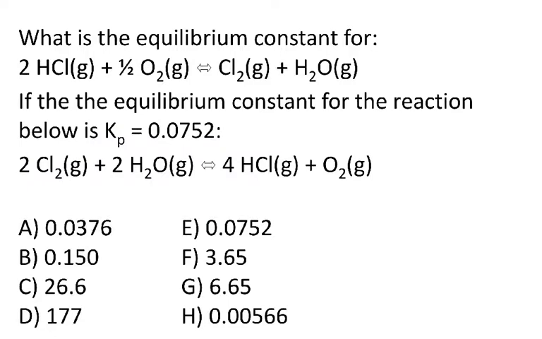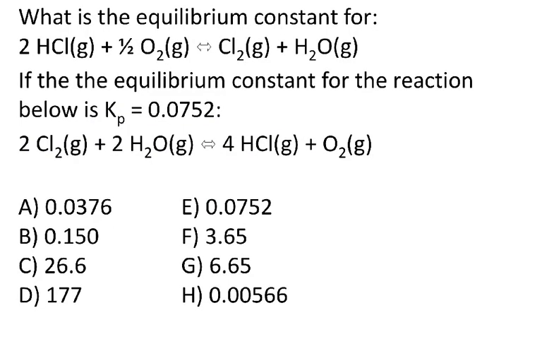All right. Multiple choice question here. What is the equilibrium constant for 2 hydrochloric acid plus 1/2 oxygen? It's in equilibrium with Cl2 plus H2O, chlorine plus water. Everything's in the gas phase. If the equilibrium constant for the reaction below, this Kp, is 0.0752.